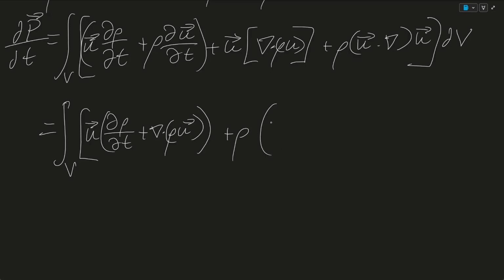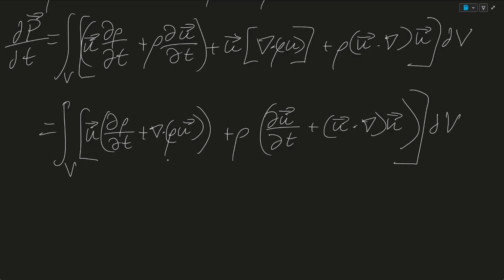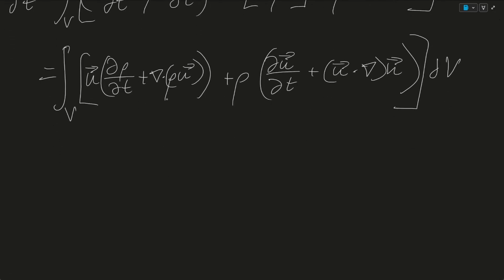So we have a term in terms of rho and a term in terms of u, and inside of those we have some partial differential terms. Nice. And these mean things. So we have two separate parts.